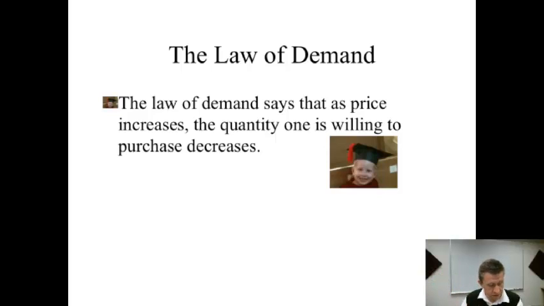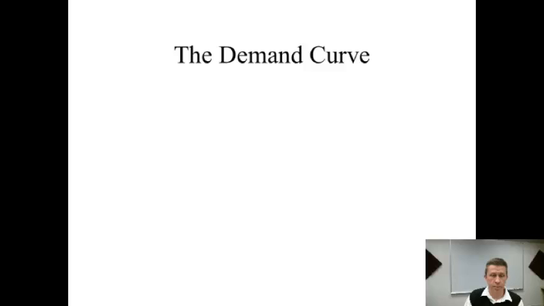From time to time we'll have these various laws. This is one that I hope makes a lot of sense. As the price drops, a consumer would want to buy more, or as the price increases, the consumer would want to buy less. Should be straightforward, but this is in fact known as the law of demand within economics.